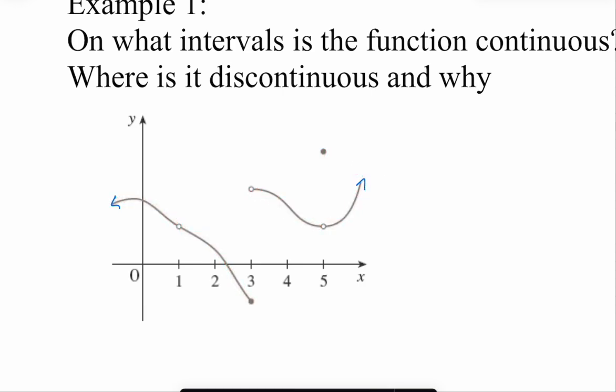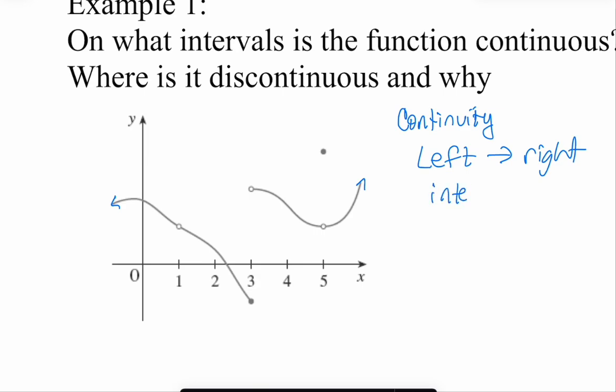Okay. So you really want to think about from left to right. Remember, so continuity, we're going to go from left to right. We're going to use interval notation. So this function is continuous on the following intervals. We're going to go from left to right, like domain in a sense.